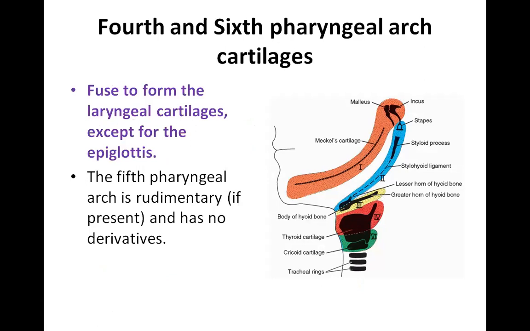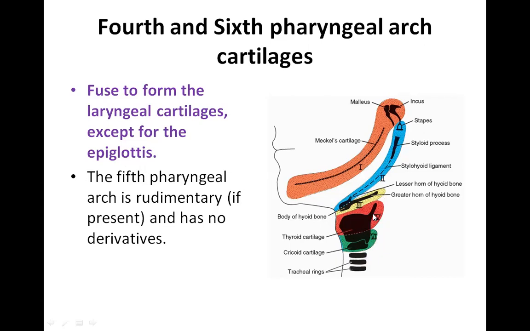Then the fourth and the sixth arch cartilage will fuse to form the laryngeal cartilages except for the epiglottis, which is contributed by the hypobranchial eminence at the floor of the primitive pharynx. The fifth pharyngeal arch is rudimentary and it has no derivatives.